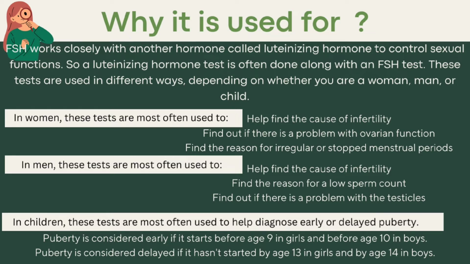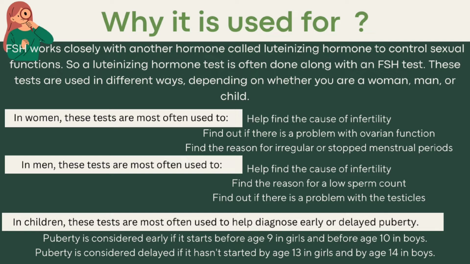As we have already discussed in the previous video, the important role of LH as well as what the LH level is used for. But here, for FSH's role in women, these tests are most often used to help find the cause of infertility, find out if there is a problem with ovarian function, and find the reason for irregular or stopped menstrual periods.